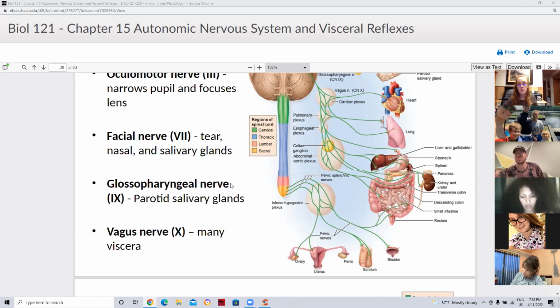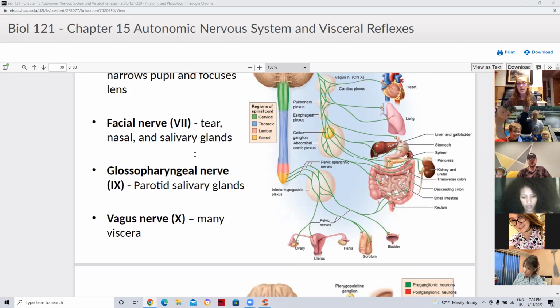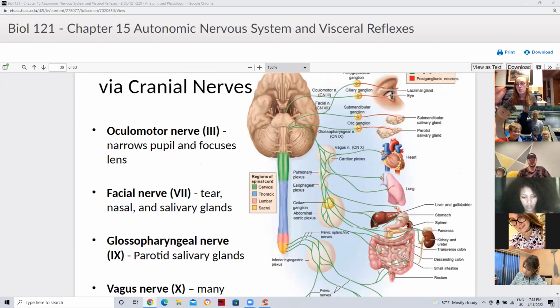So if you remember, towards the very end of the cranial nerve case study, it's asking about nerves that are specifically more involved with the parasympathetic nervous system. That's your answer right there.